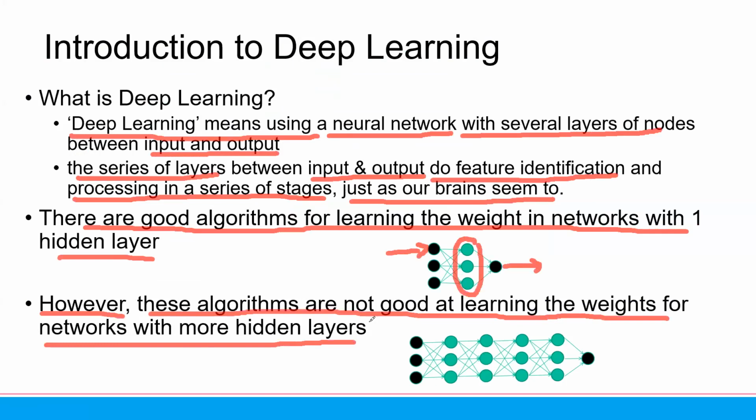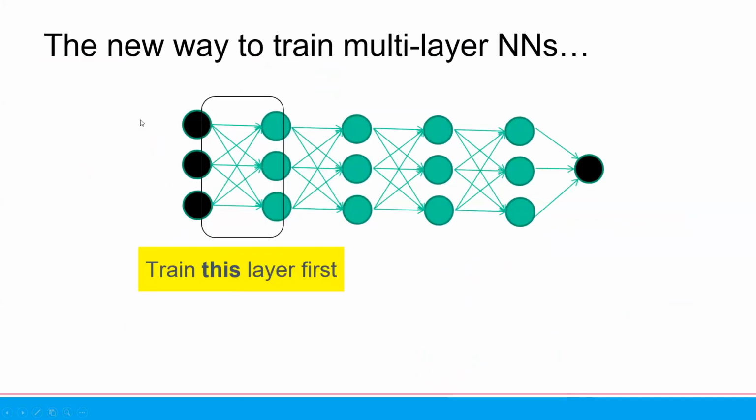If the algorithm is good for one hidden layer, it is difficult to learn many weights for more hidden layers. I think there was a question from one student at the time, Kim Chan, you asked me, what is the good number of hidden layers? So there is no specific criteria for the number of hidden layers.